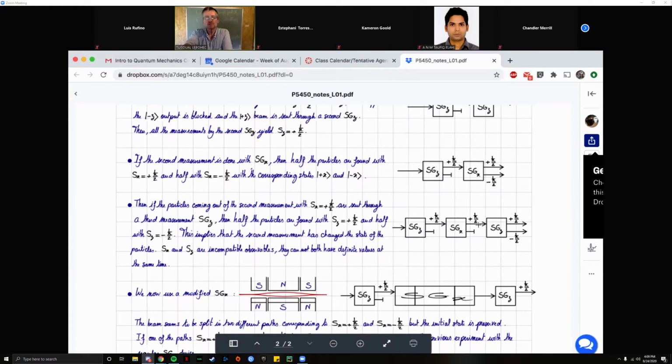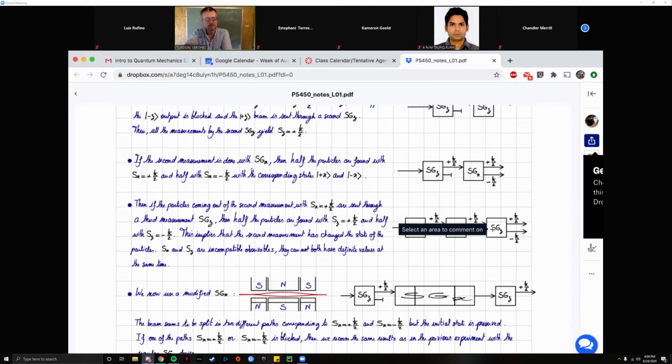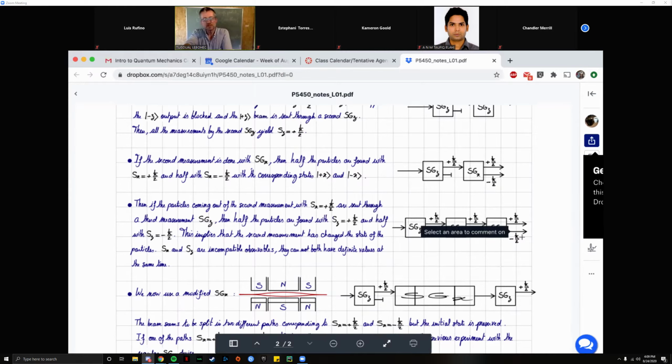And those particles that make it through with a positive component of momentum, send them through a Stern and Gerlach device that measures the Z component of the angular momentum. And that is surprising, because what you observe if you do that is that you would have as many particles found with a component of the angular momentum pointing down, or with a negative component and positive components.